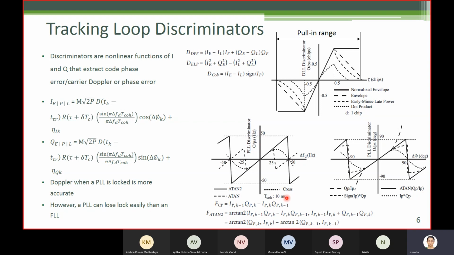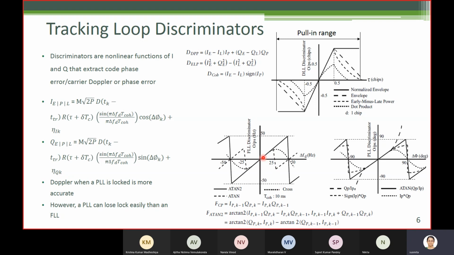It can be shown that the lower the coherent integration time, the higher eta will be. And we do not want eta to be very high. Therefore, to reduce eta, as tracking progresses, we increase the coherent integration time, which in turn reduces the pulling range.